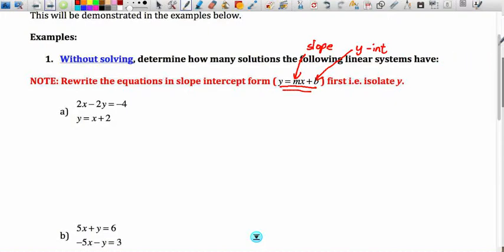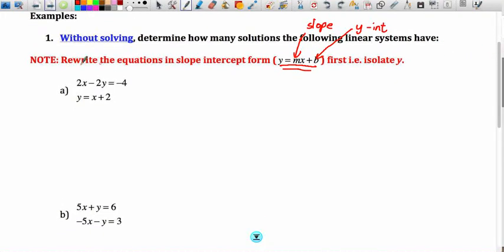We've got three examples here, and you'll notice the instruction is "without solving." All we're going to do, as the note says, is rewrite each of the two equations in slope-intercept form, and that should allow us to determine how many solutions we're expecting: one, none, or infinite.